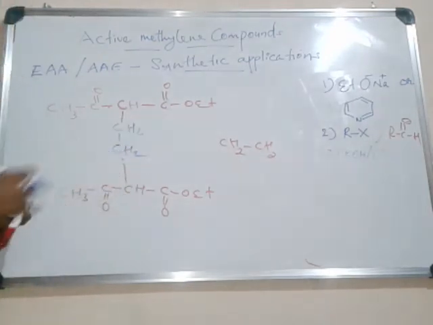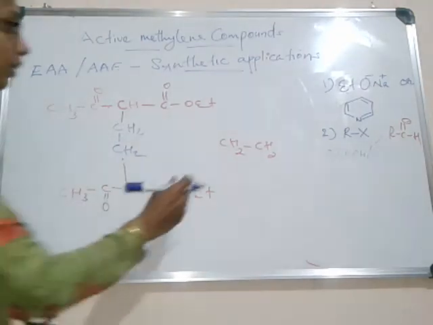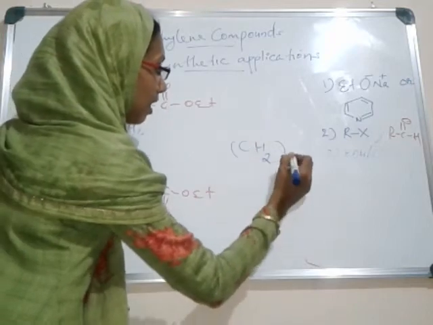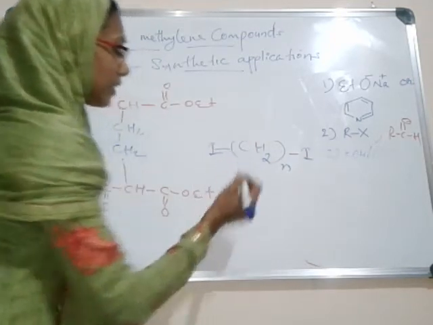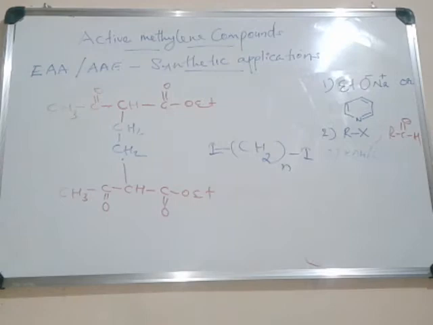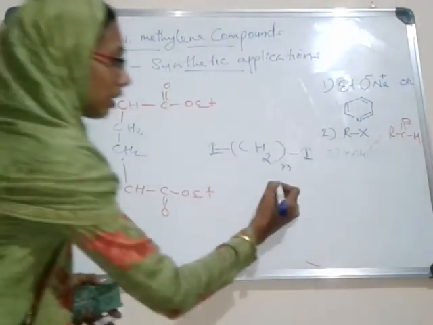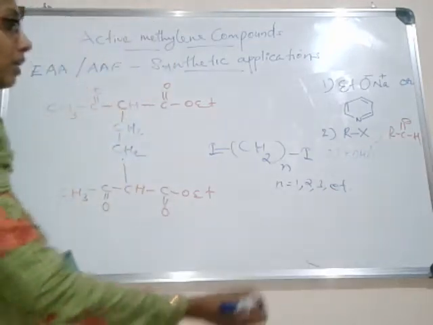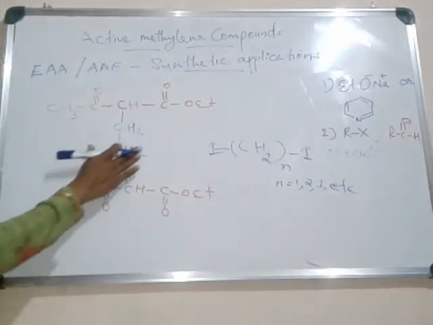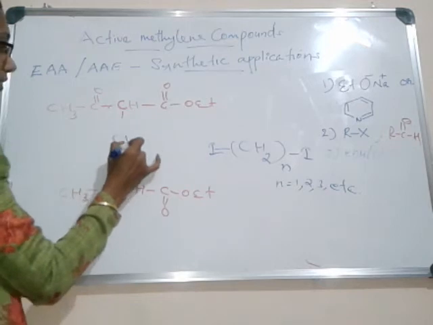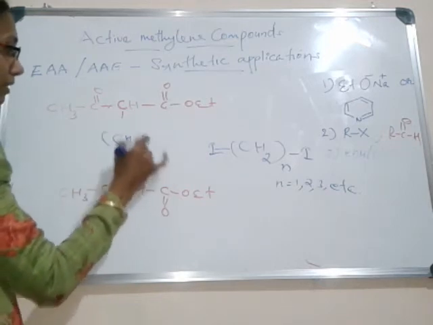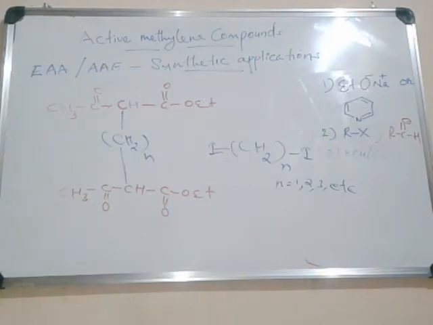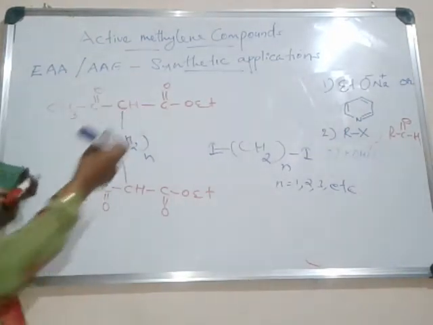That is, I-(CH2)n-I, where n may be 1, 2, 3, etc. The product has a chain of CH2 n times linked, as a bridge, between the two molecules of ethyl acetoacetate.